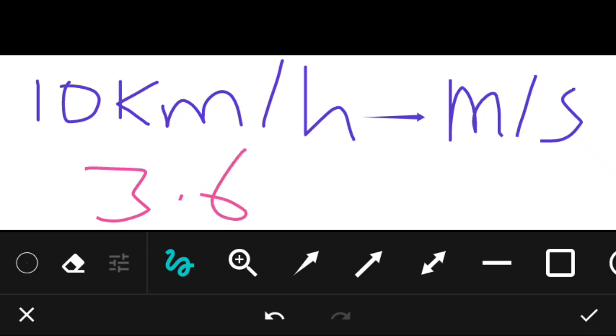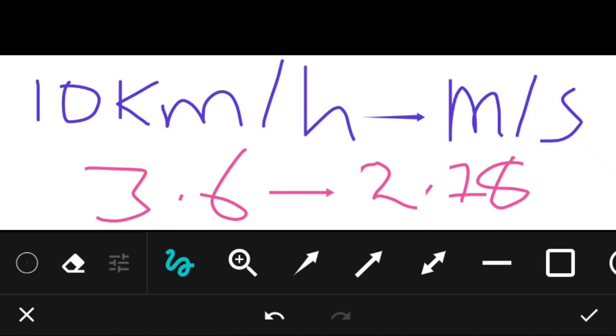Obviously you're supposed to get that same figure, right? It's giving you 2.777 whatever. I'll just round it off to three significant figures because you already know the figure. So you round off the figure you are seeing on your calculator to three significant figures. That's the quickest way to convert from kilometer per hour to meter per second.